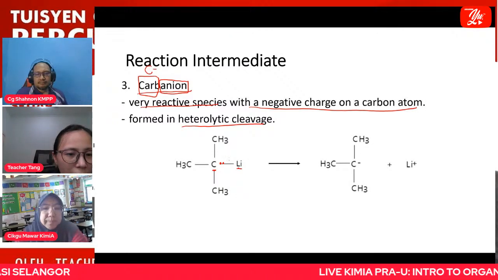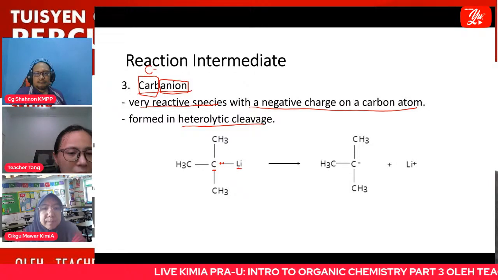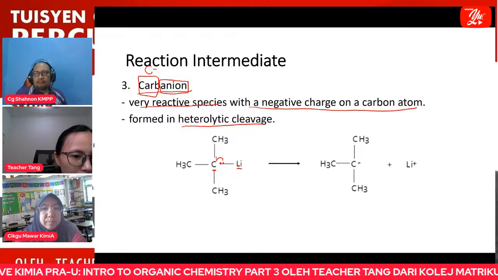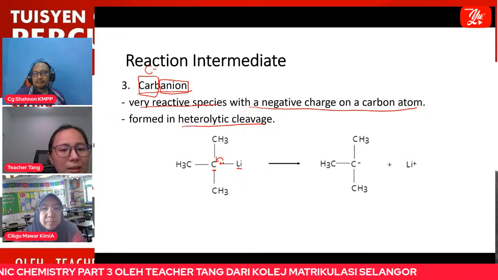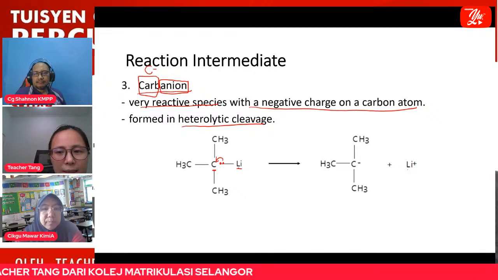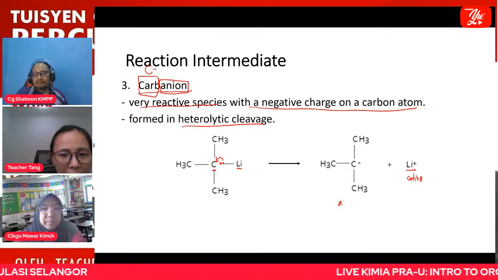So when the polar bond breaks, the two electrons will be transferred to the atom that is more electronegative, and here it is the carbon, giving us the cation and also the anion.